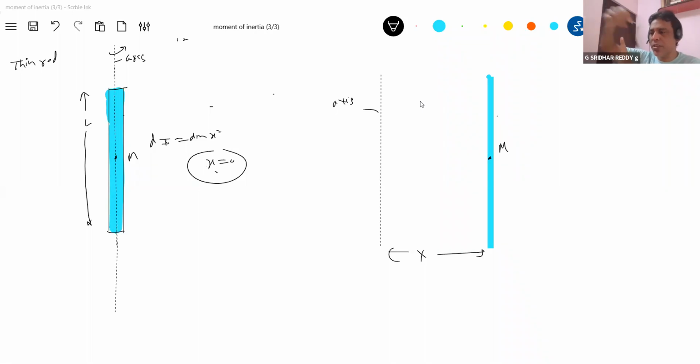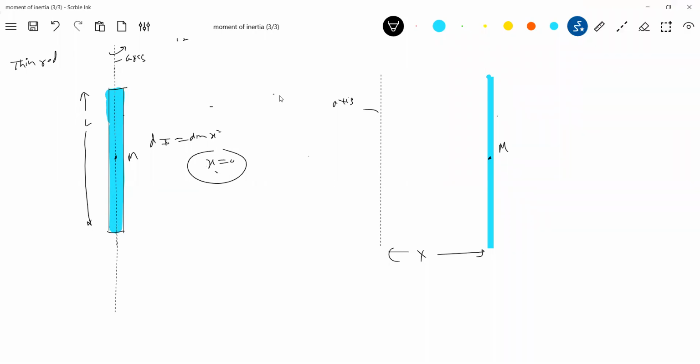What is the moment of inertia? Again, I'll assume a small element of the whole mass of the rod. The small element is at a distance x, so dI is equal to dm into x square.